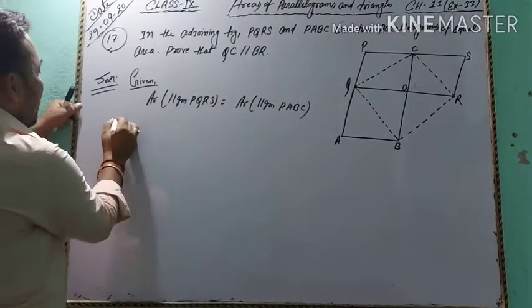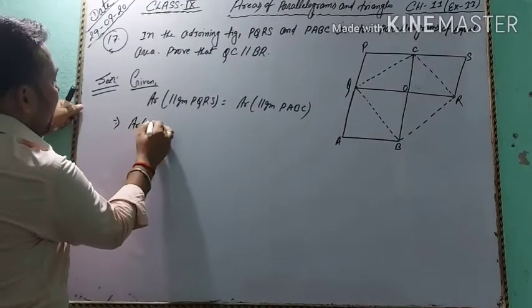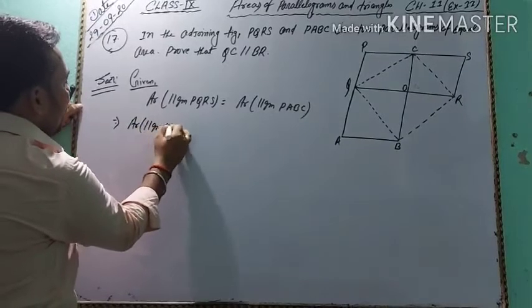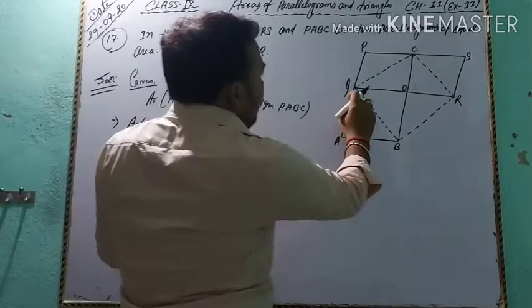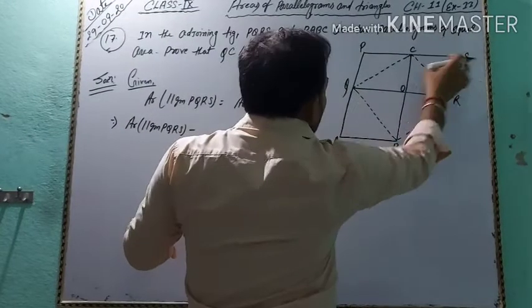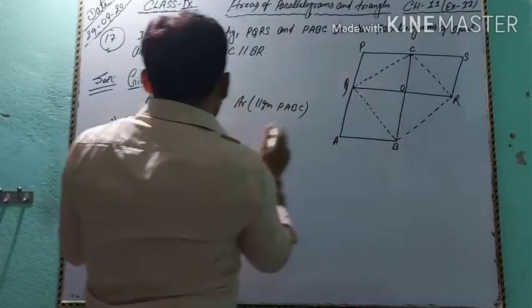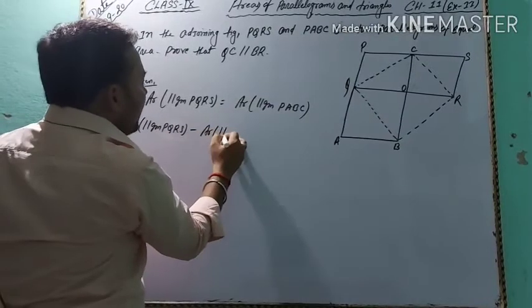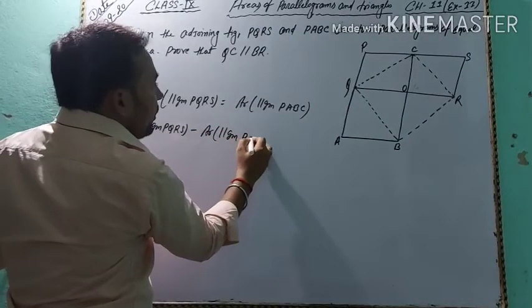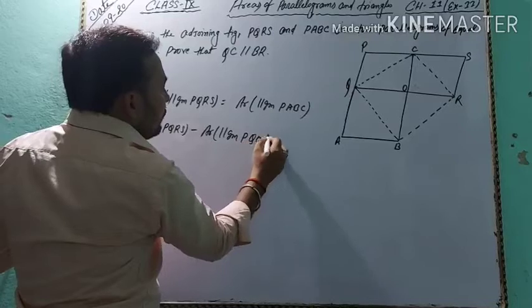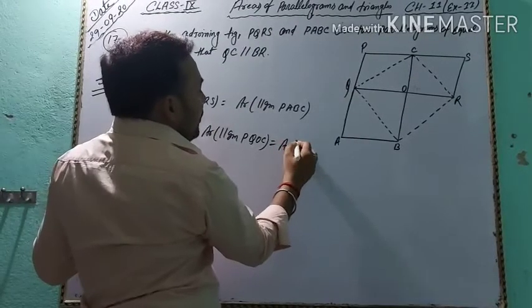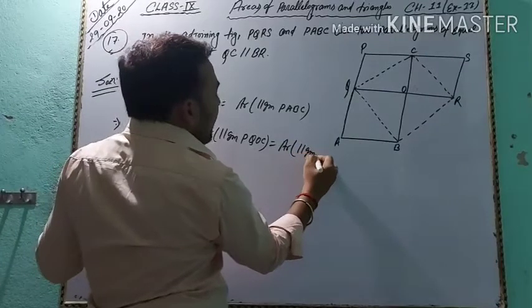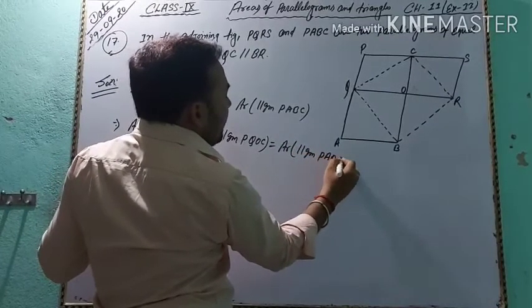So this implies that area of parallelogram PQRS minus area of parallelogram PQOC is equal to area of parallelogram PABC minus area of parallelogram PQOC.